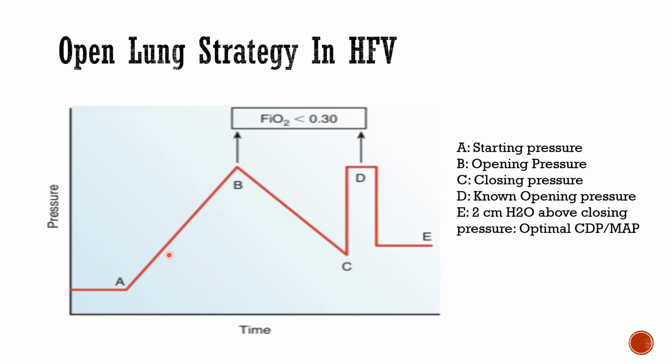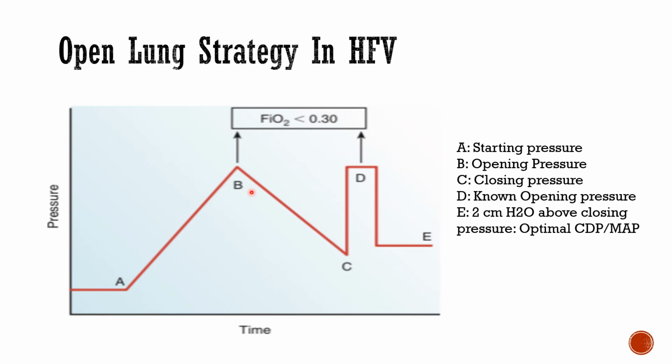Here, the continuous distending pressure or the mean airway pressure, which corresponds to a positive end expiratory pressure, is gradually increased. Now, as we increase, the FiO2 requirement will fall based on our oxygen-guided recruitment, as we have seen earlier.